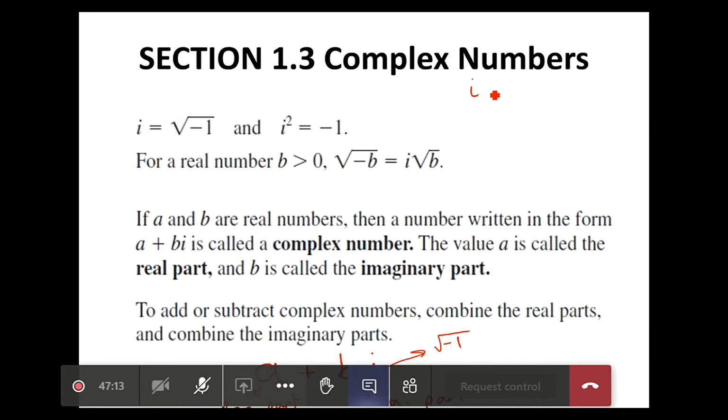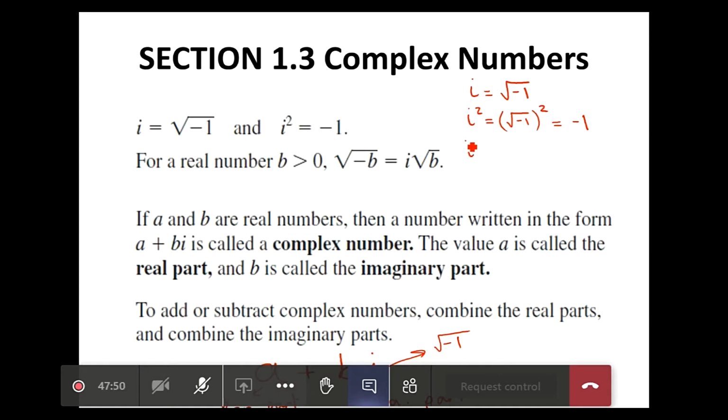i equals radical -1. So i square equals radical -1 all squared. We can remove the square with the radical, so this is equal to what? -1. So if we have a square root of a negative, we have a complex number, not a real number.